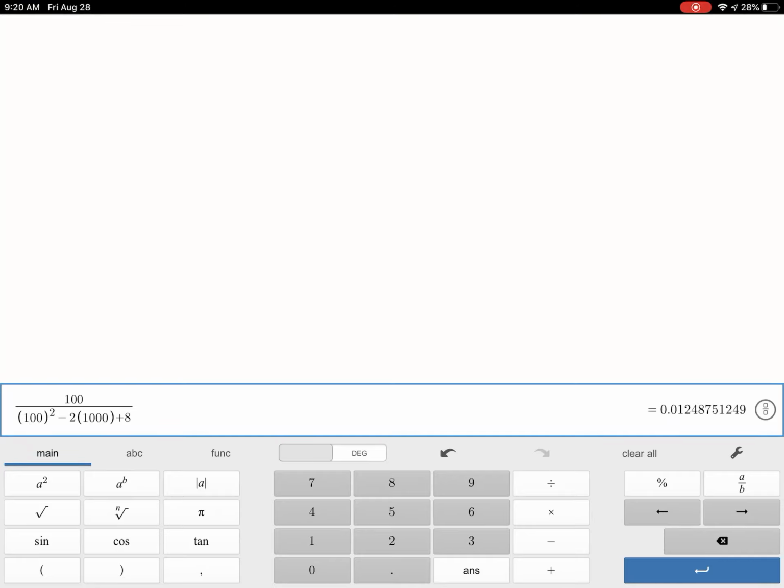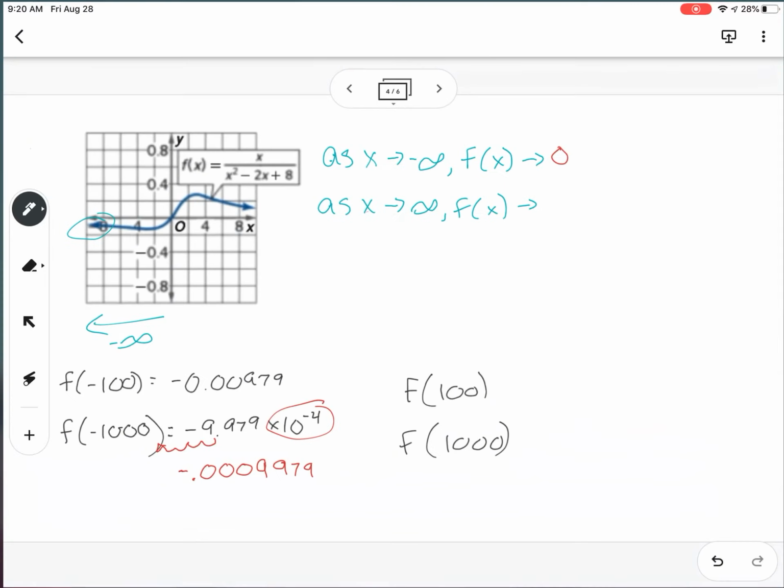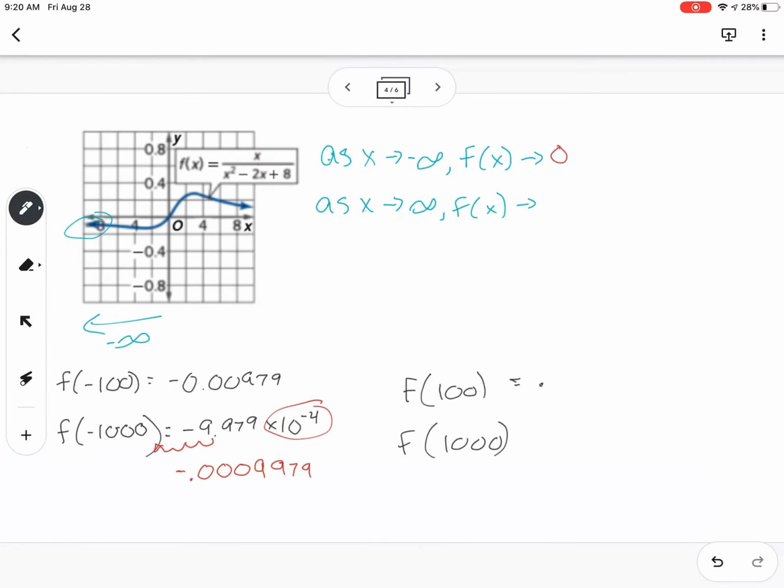So I'll just get rid of a 1 and a 0 for each, and jot that number down. Alright, so for 100, I got 0.01019. And this was 0.001009.